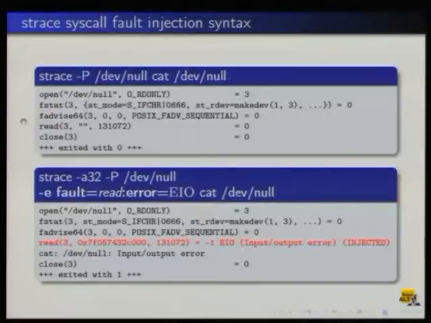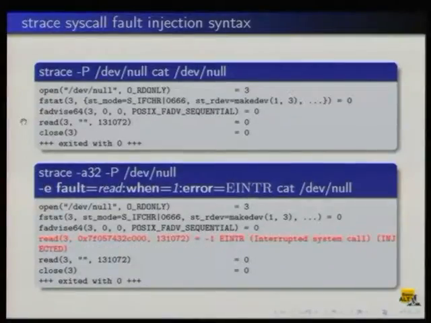But what will happen, what do you think will happen if, say, a temporary error occurs with read? Would cat restart or retry this syscall or not? It would. So if you inject an interrupted system call, it retries. Cat is a good program. Okay.